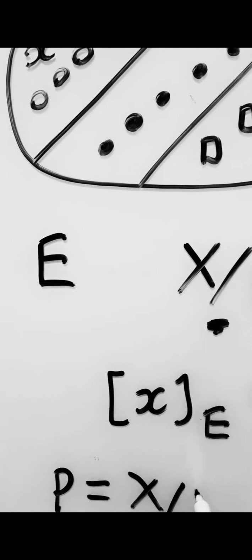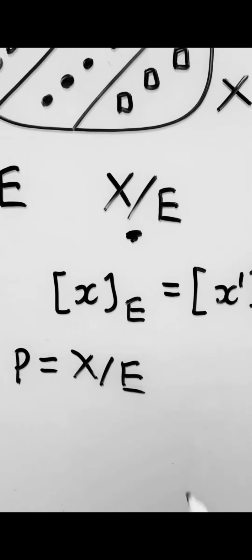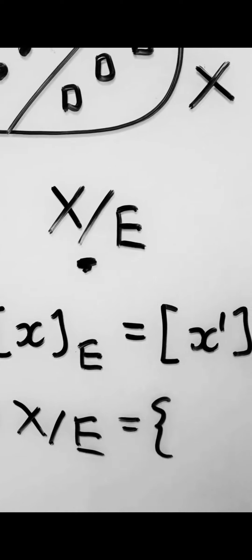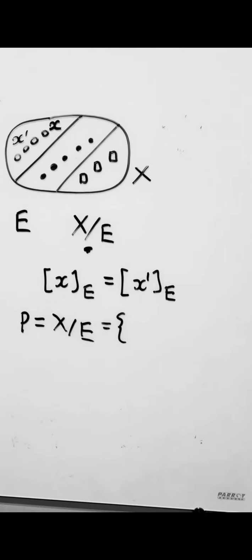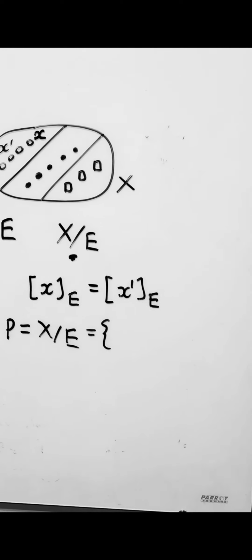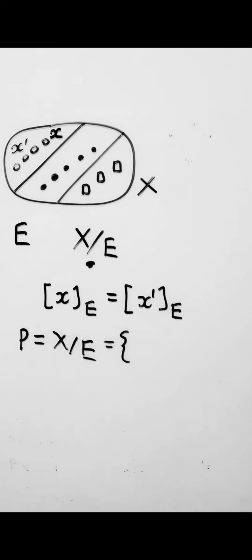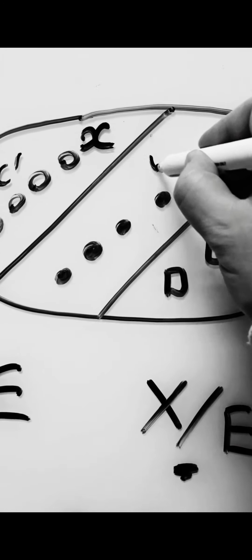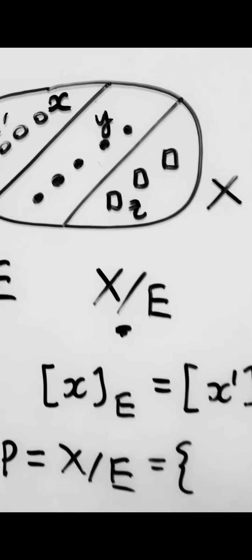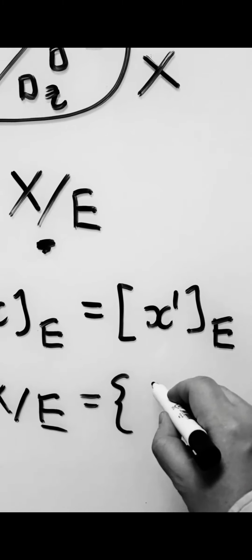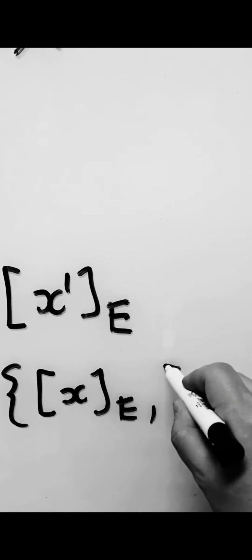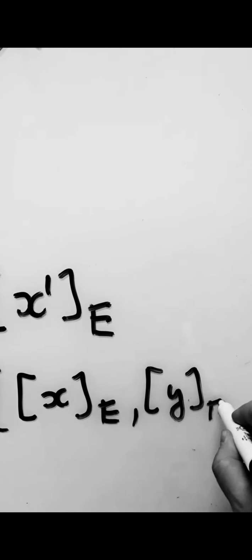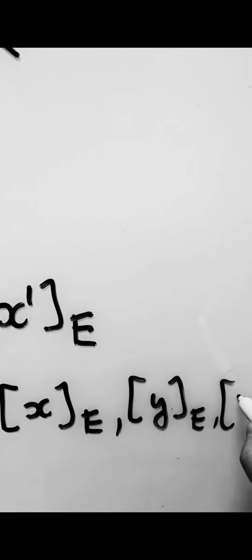The partition in this case, which as we said is written X over E, would be the set of all such possible blocks, which can be parametrized by the individual representatives of each block. So let's say x, y, and z. So the partition in this case would be the equivalence class of x, the equivalence class of y, and the equivalence class of z.